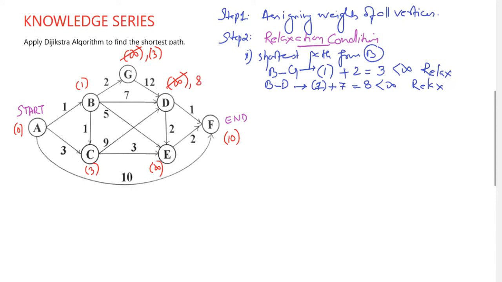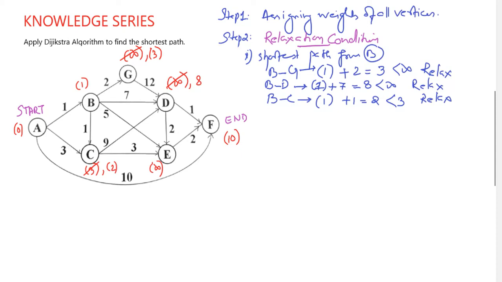Now we go to the next case, that is B and C. Here we see the weight of B is 1 plus 1, that is 2, which is less than 3. Again it is relaxed. So we got a new weight, here it is 2.